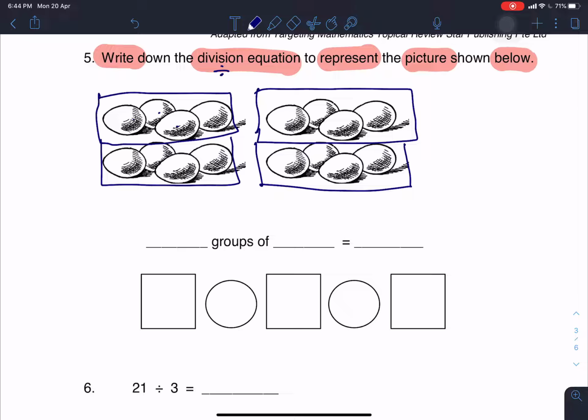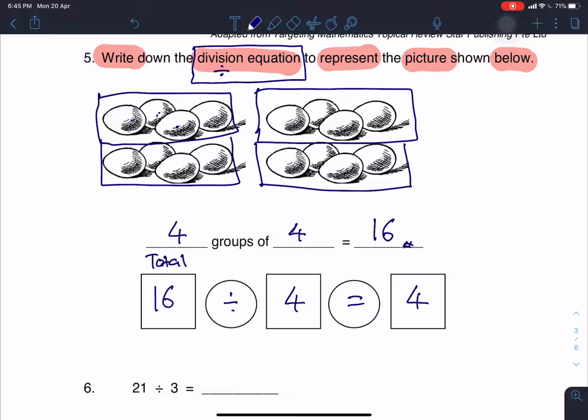So I have 4 groups of 4 eggs each, so it gives me 16. But hang on, the question is asking for a division equation. For a division equation, we always start with the total. So in this case, our total is 16 divided by 4, which gives us 4.